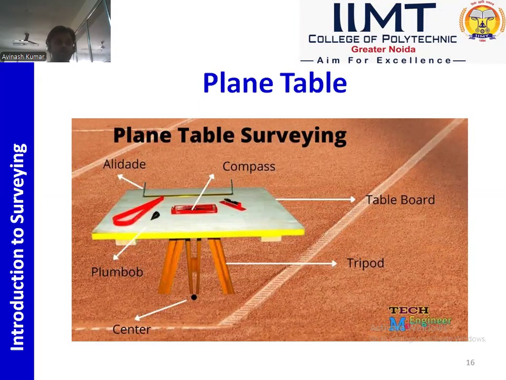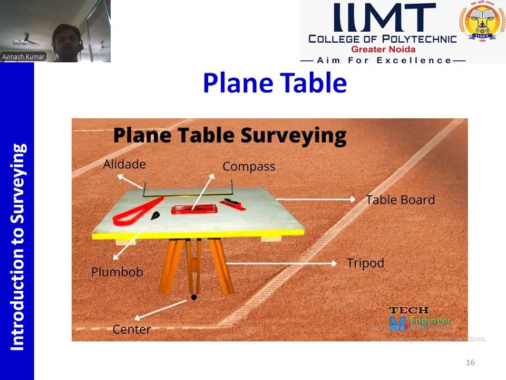If we don't do the survey, then we may cover the land of an adjacent person who belongs to someone else, or we may leave some portion of our land to the adjacent owner. That's why the distance, the boundary, and the position of different points of that land surface are fixed, so that construction can begin.